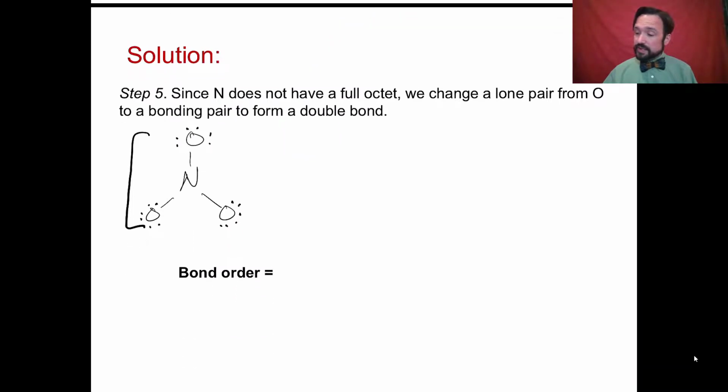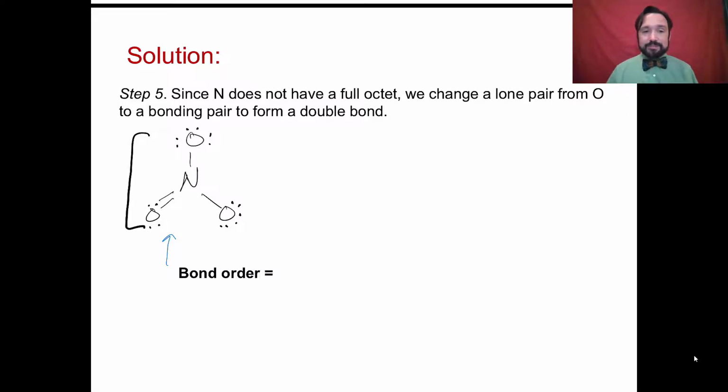So see here, I've got that same structure that I started with. Nitrogen here in the middle doesn't have an octet. So I'm going to move one of those lone pairs. I'm going to start over here on the left-hand side, and move that into the middle.